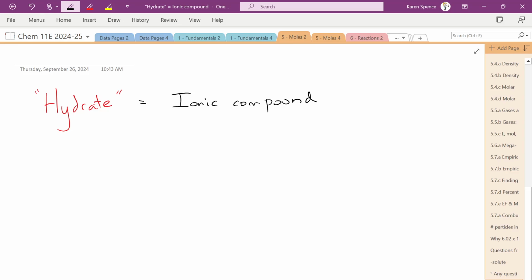It has water. Okay, where? Yeah, embedded in the crystal lattice.